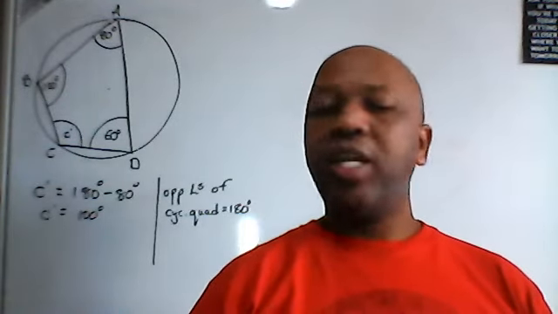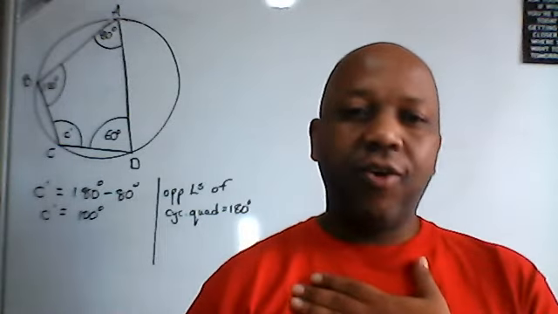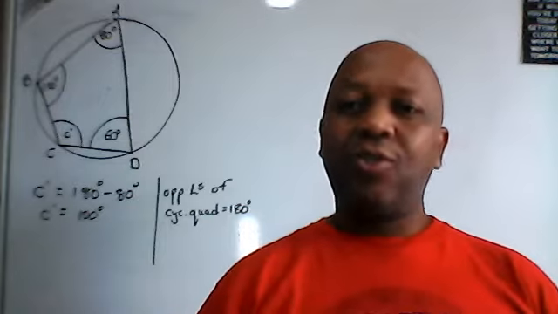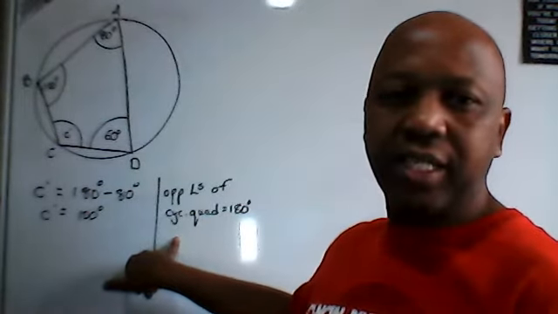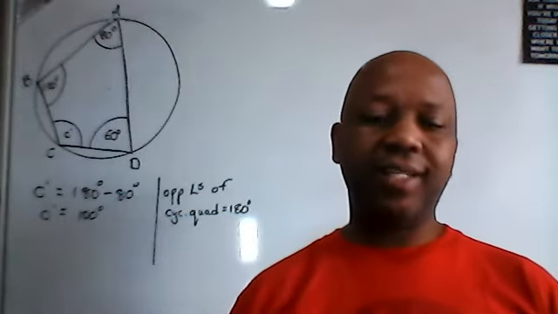So please do not ever think that your Theorem 1 is my Theorem 1. It might be Theorem 1b for that matter. So you have to know the reason as is. It's okay to abbreviate it, but you have to know and understand the reasons as they are.